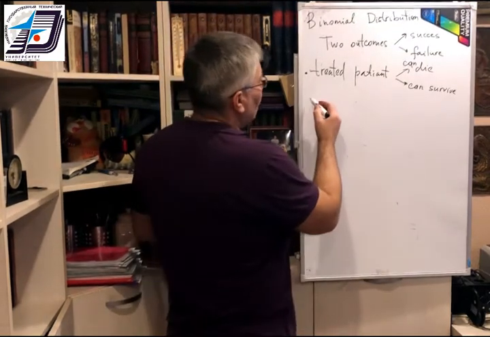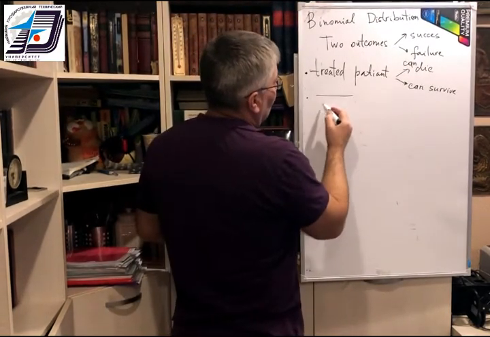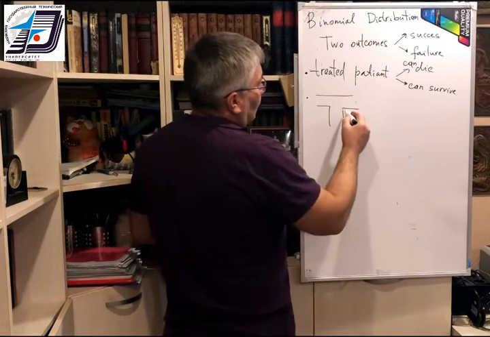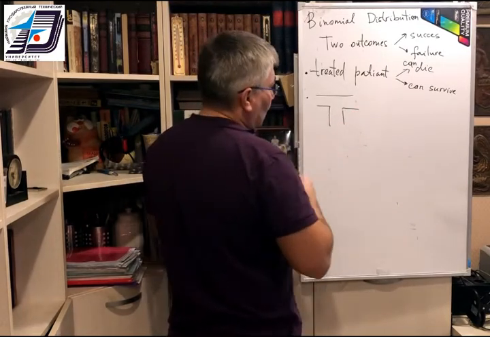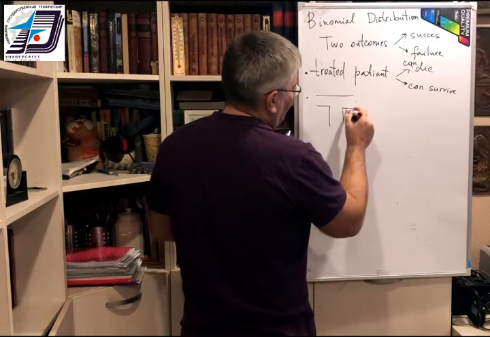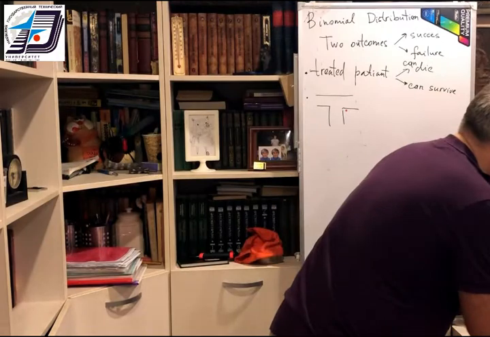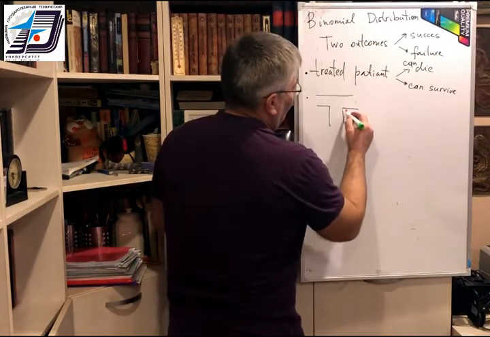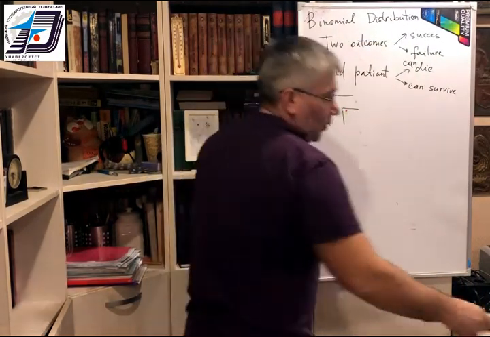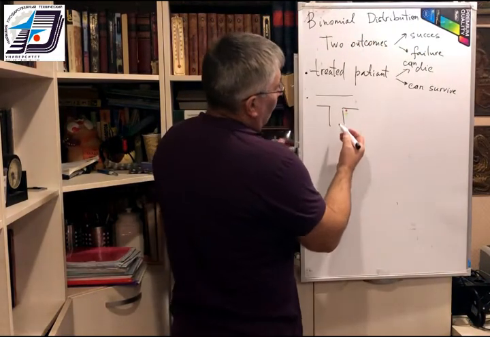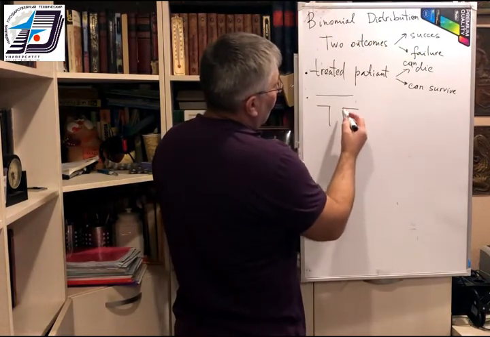For example, here we have a traffic light. I denote them using green and red inks to denote the traffic lights.